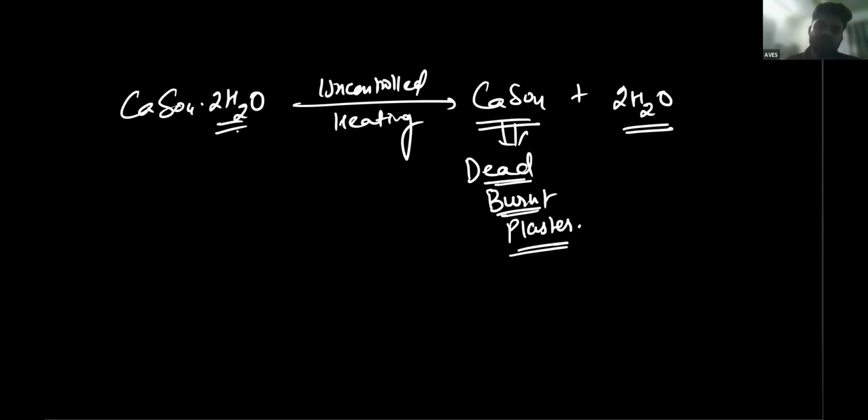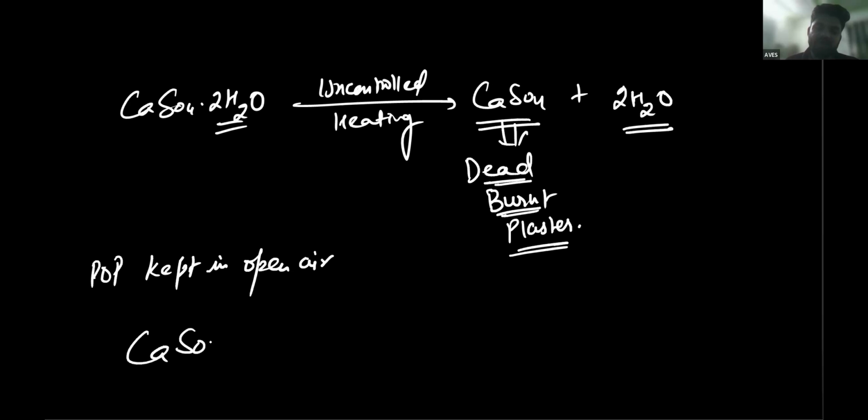So it is asked what happens if plaster of Paris is kept in open air. POP kept in open air, then what is going to happen? This calcium sulfate dot 2H2O is gypsum, and half H2O means POP.